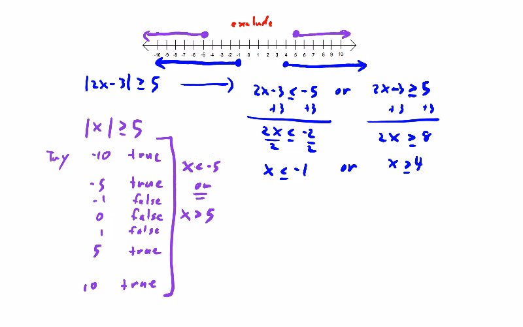Notice the or statement is what we want because we want to be on either side of negative 1 and 4 and not in the interval in between. So when working with absolute value signs, we want to use the and statement when we're looking at the values in between and the or statement when we're looking at the values outside of given points.